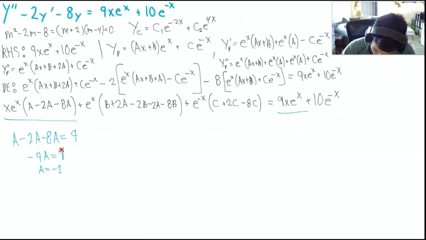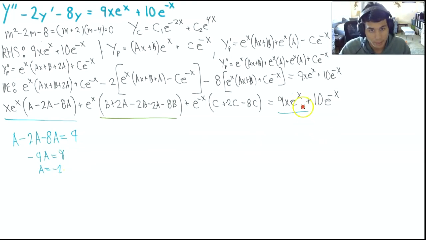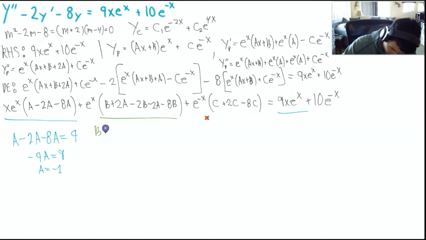Let's do a similar thing. So we got this group here, and it's just by itself, right? It's not just e to the x, there's x times here, so this is all just by itself. So b plus 2a minus 2b minus 2a minus 8b.